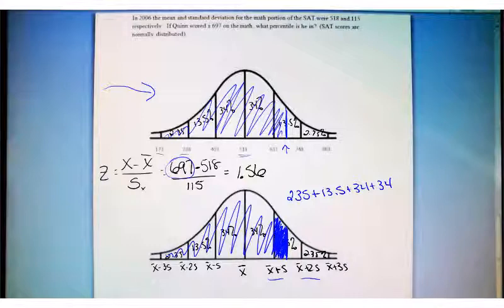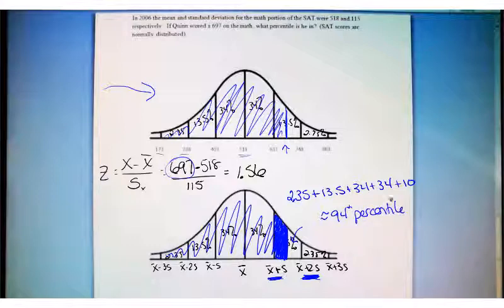Remember, even though we're about halfway between 1 and 2 standard deviations, everything that I've darkened in blue, that whole area, is larger than this. So just cutting that 13.5 in half and calling it 6.75 is not going to be a good enough approximation. We'd have to bump it up. So if we bump it up to 10 like we did before, that gives us our approximately 94th percentile.